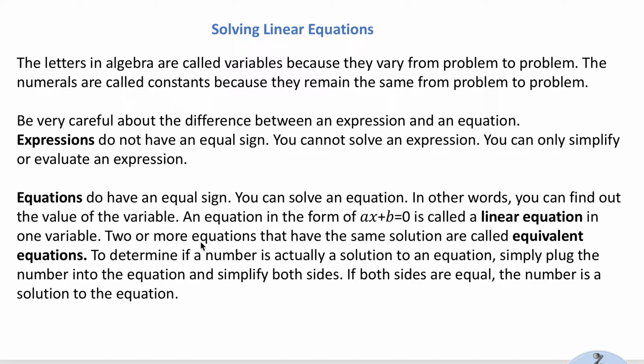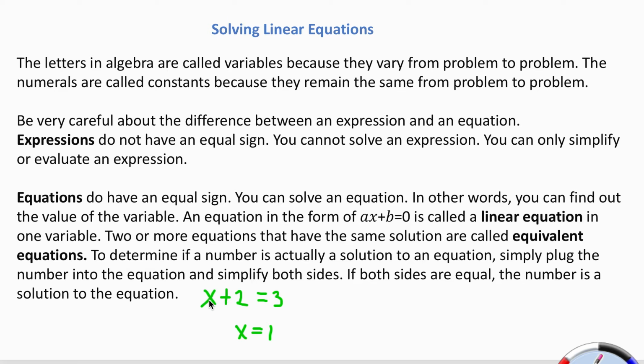If you can make two or more equations that have the same solution, they're called equivalent equations, just like equivalent fractions. 1/2 and 2/4 is the same value. So x plus 2 equals 3 and x equals 1 are equivalent equations.